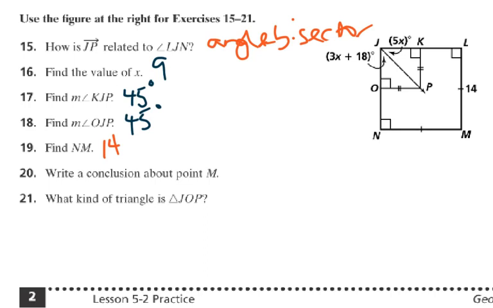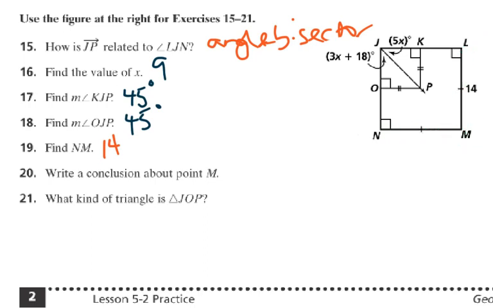There's a couple things you can say. Point M is equidistant from L and N. Because notice that they're 14 here and it's 14 here. So that means it's the same distance. So that's equidistant.